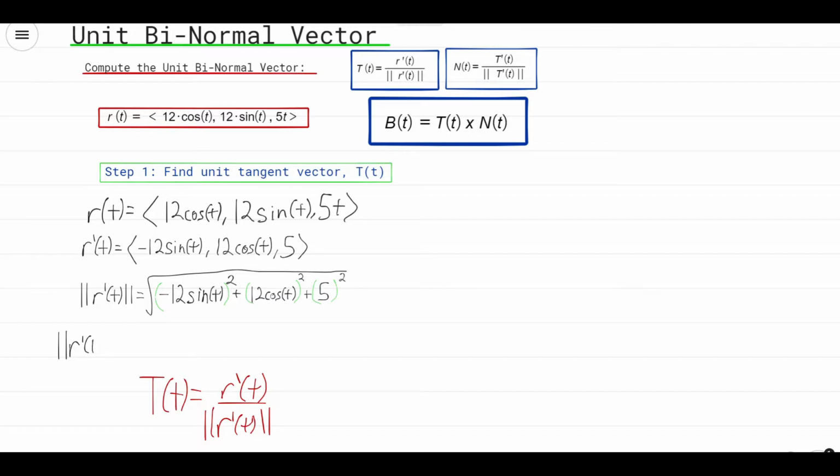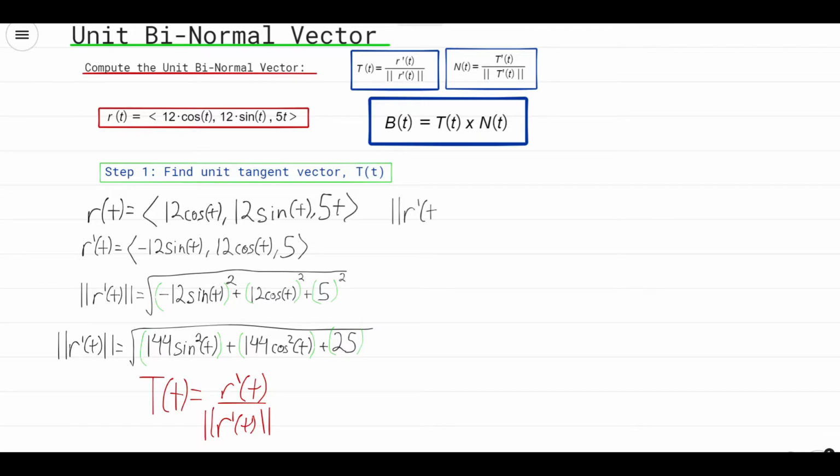In doing this, we're going to distribute the square. So negative 12 squared is 144, times sine squared; 12 squared is 144, times cosine squared; and then 5 squared, of course, is 25. Now we need to make this radical a lot easier to work with.